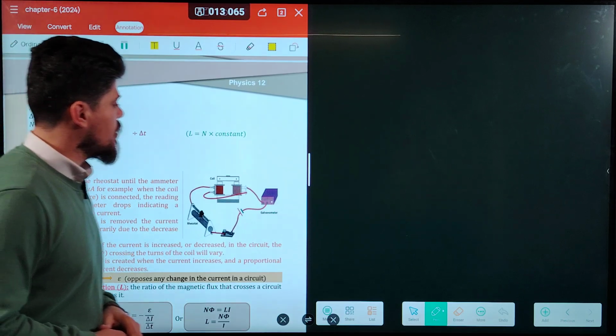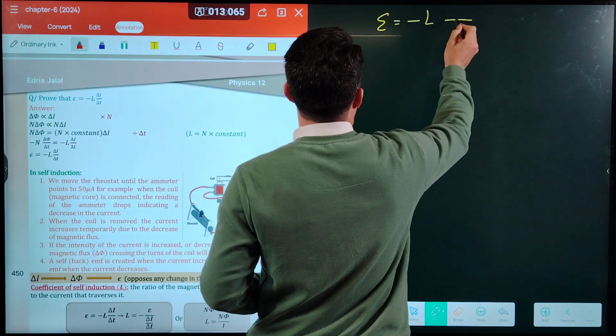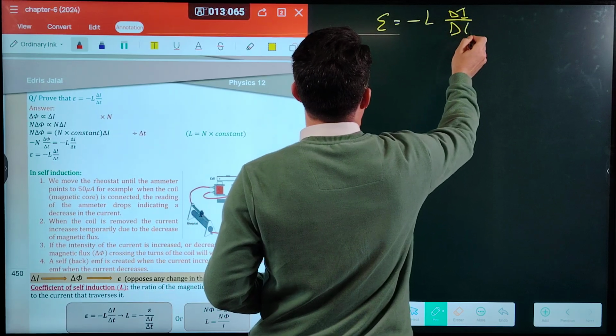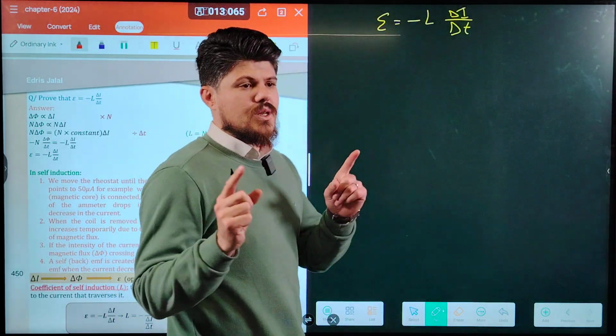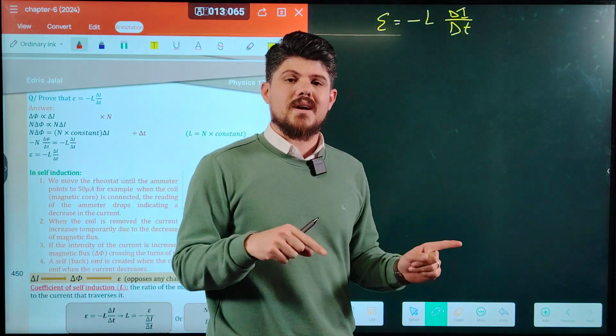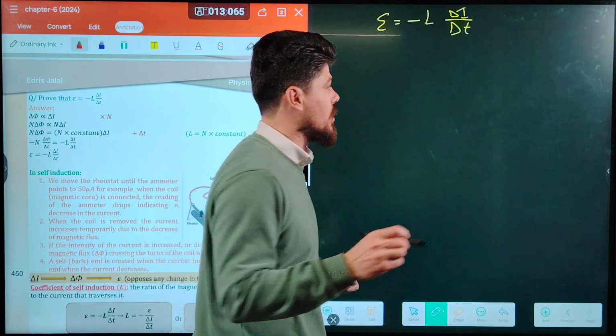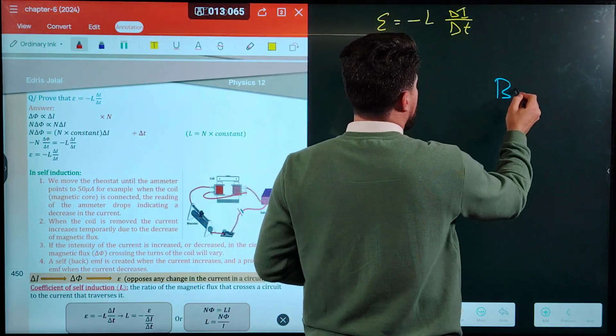How can we get this equation? Guys, look, EMF is equal to negative L delta I over delta t. Now I'm going to prove this equation. The relation between current and magnetic field is directly proportional. Magnetic field and magnetic flux are also directly proportional. When the current passes through the solenoid, magnetic field is equal to what?